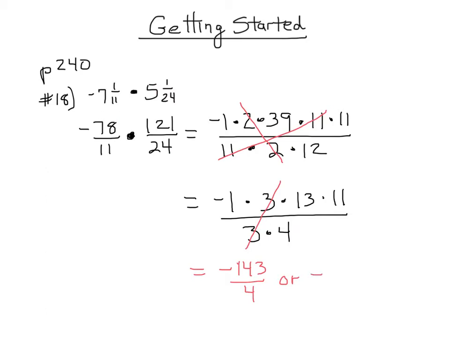That will go 35 times. Don't forget the negative. You still have 4 in the denominator. 4 times 35 is 140, so I need 3 more to get to 143. Alright, so there's problem number 1.